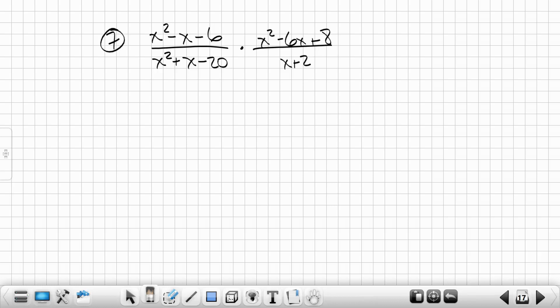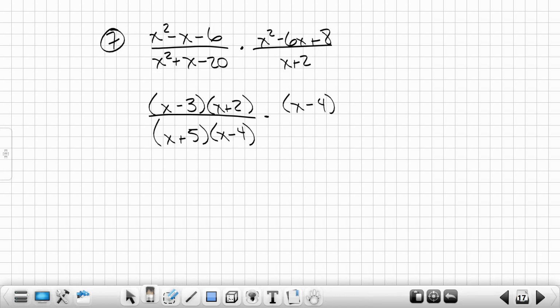Back to this. Guys, factor the top left. Yep. Back to the bottom. Okay. Back to the top right. And those were both negative. That's been a first time on these problems.